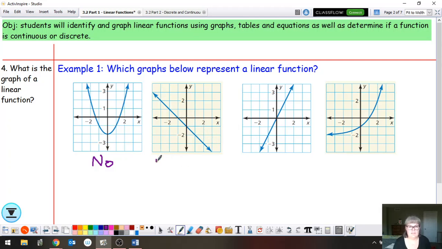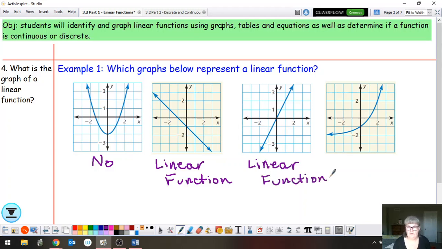So this is a linear function. Here we are increasing, and it is a line. So we have a linear function. And the fourth one, we have a curve. Because it is curved, we do not have a line, therefore it is not a linear function.